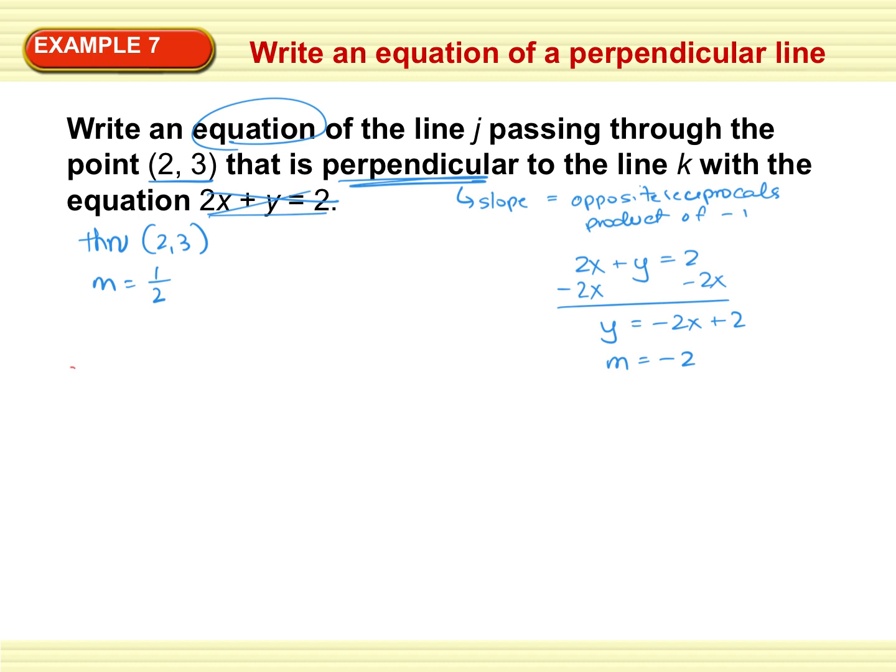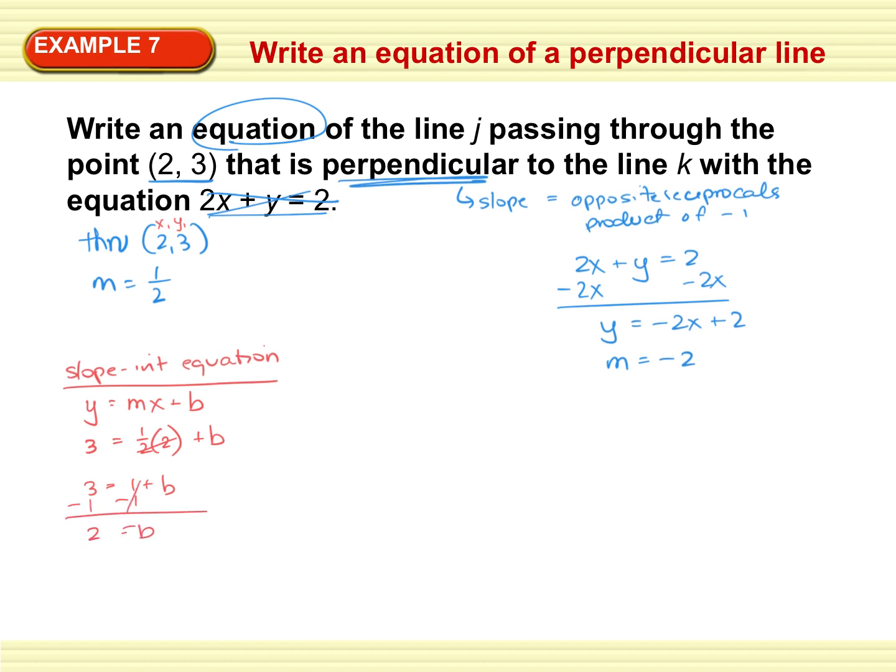So if I just want to use slope-intercept form, or the slope-intercept equation, I'm going to solve it this way. I'm going to start with y equals mx plus b. I'm going to plug in the x and y that I was given. So y is 3, m is 1/2, x is 2, plus b, and I get 3 equals 1 plus b, and if I subtract 1, I get that b equals 2.